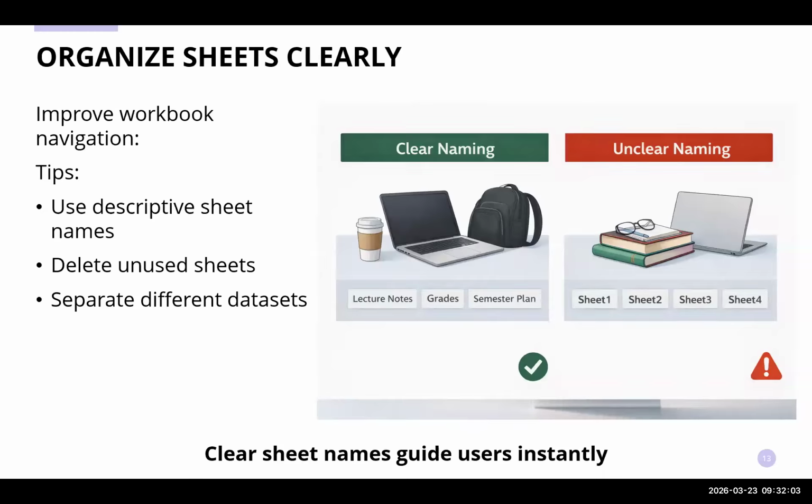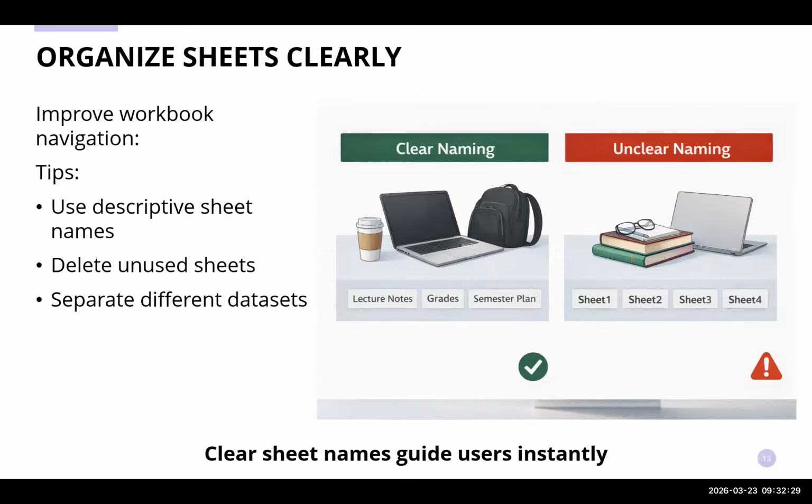So the first tip is to use descriptive sheet names instead of just generic names. Try to label your sheet with what data it actually contains, like Students, Grades Fall 2024, Budget Summary, Quarter One, etc. This would help everyone immediately understand the content and purpose of each sheet.